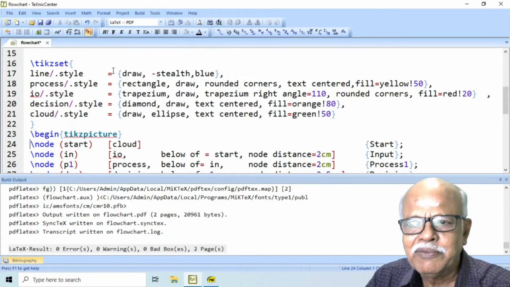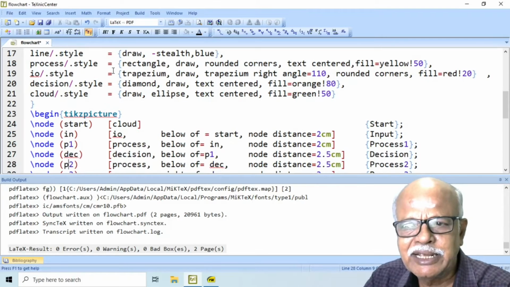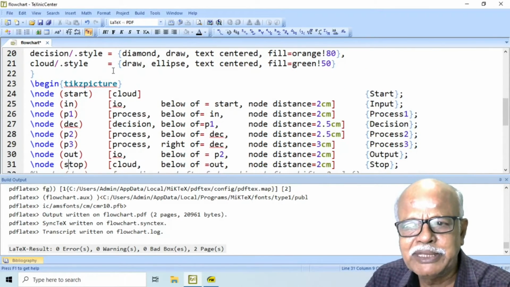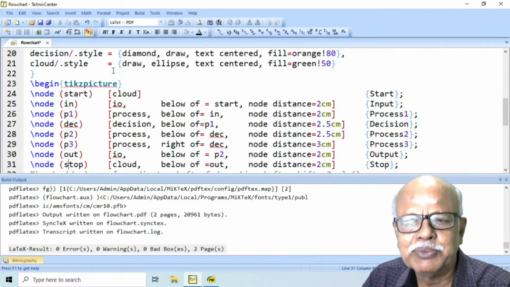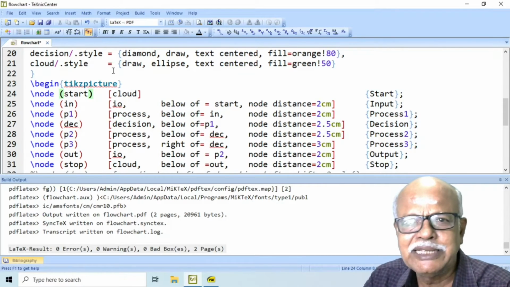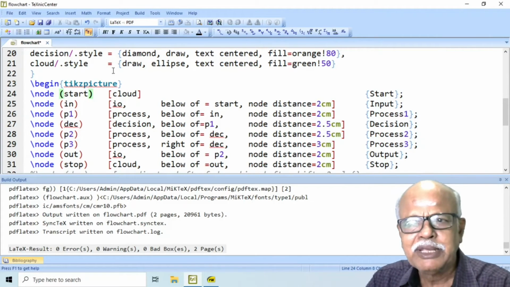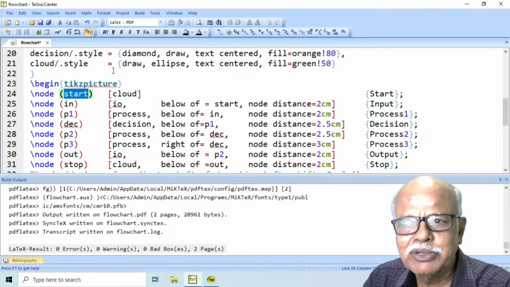Remember, when you give names like this, start, in, decision, P1, P2, P3, out, stop, etc., they should be meaningful for you. What I mean to say is, don't give names like A, B, C, D or node 0, node 1, node 2, node 3, etc. Let it be meaningful for the person who is constructing this flowchart.